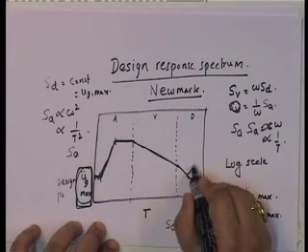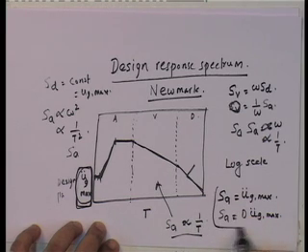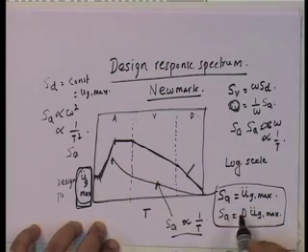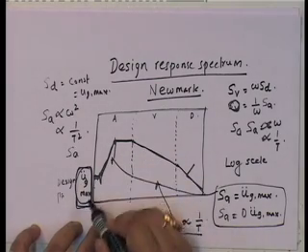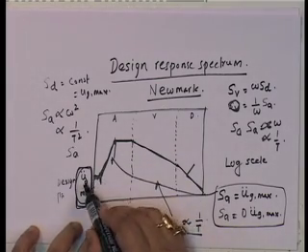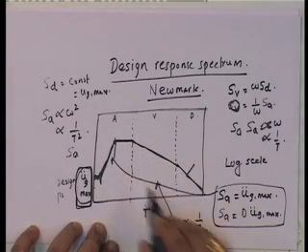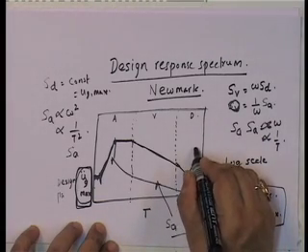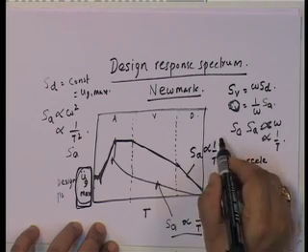So, in this zone, S A is proportional to 1 upon t. In this zone, it is given in this fashion that there is a transition zone. For one part it is a constant, it is u g, okay, and then for another part it is this way, and then this goes down, S A is proportional to 1 upon t squared.